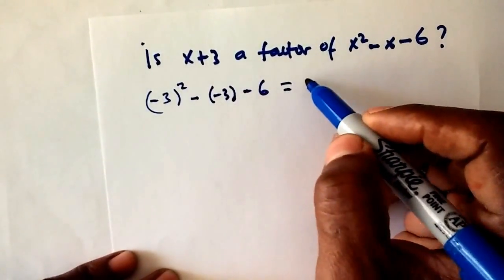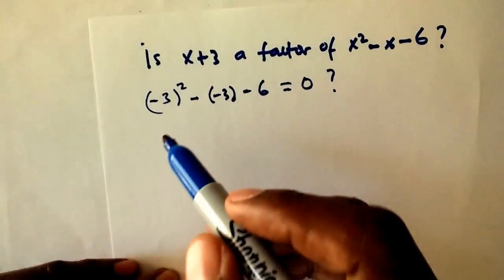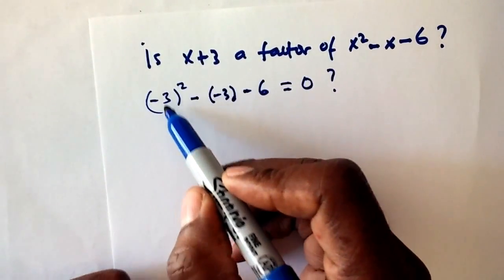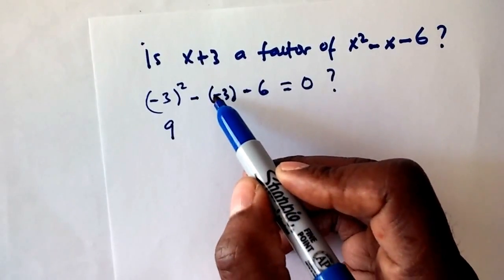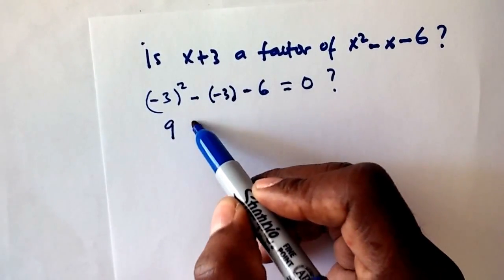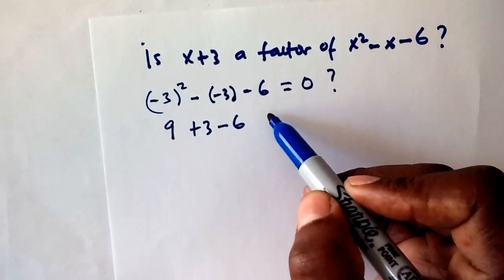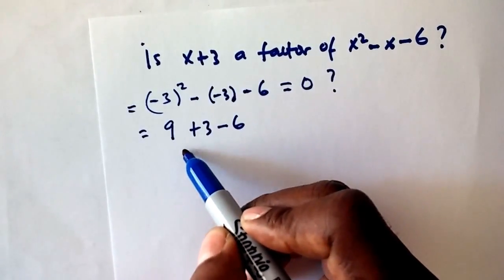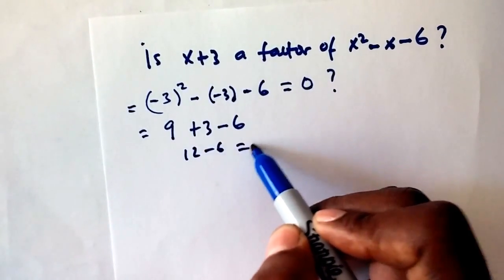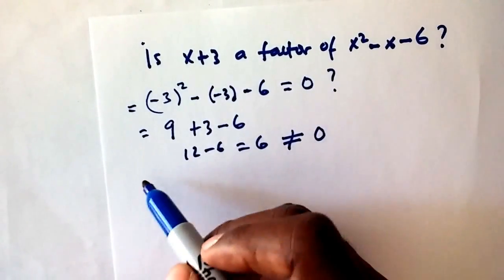We want to see if that is 0 or not. We don't know. Let's check. -3 squared will be 9. And then negative times -3 will be +3 minus 6. When we do this, we'll do 12 minus 6, which is 6. That is not equal to 0.